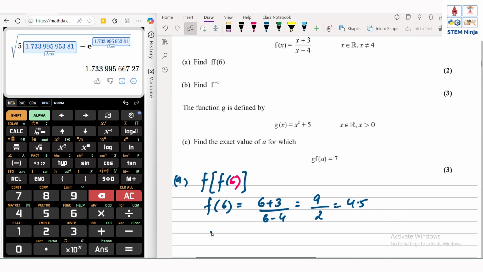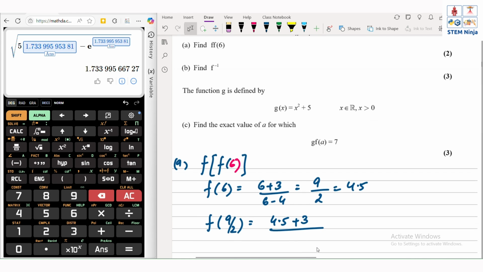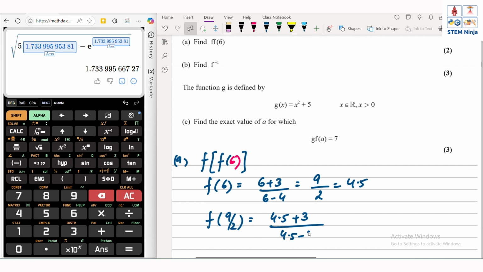Now, when we plug 9 over 2 into the function again, so you have 4.5 plus 3 over 4.5 minus 4. So that is 7.5 divided by 0.5. 7.5 is 15 over 2 divided by 0.5, which is 1 over 2.